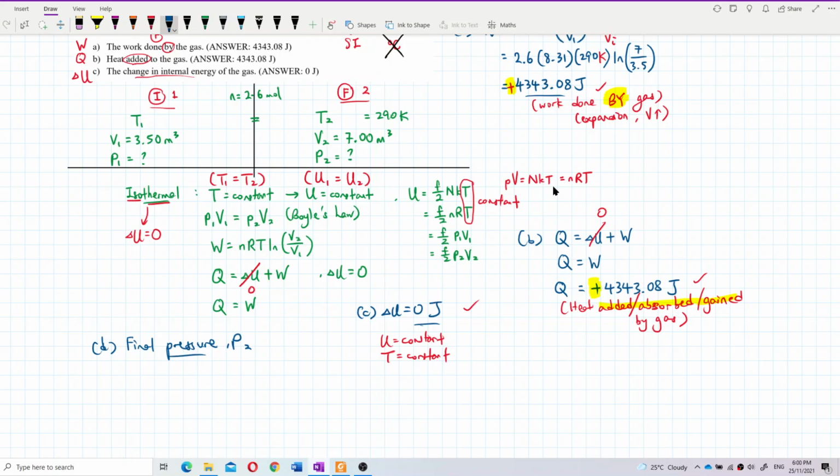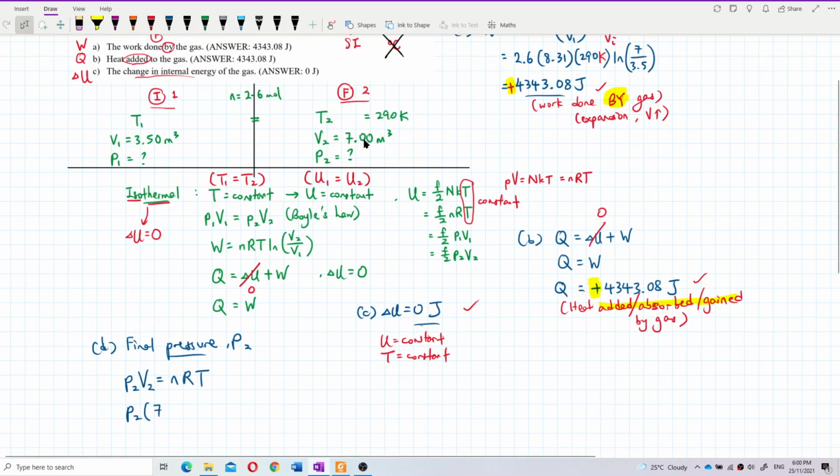So we just use PV equal to nRT, so P equals nRT over V. Remember this one is the final pressure, so P2 V2. Temperature is constant. Let's calculate.